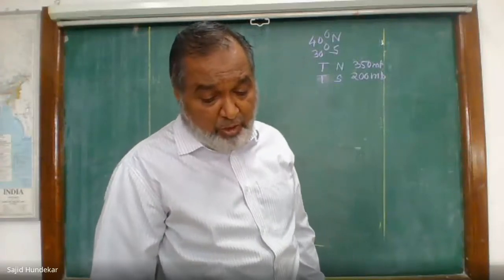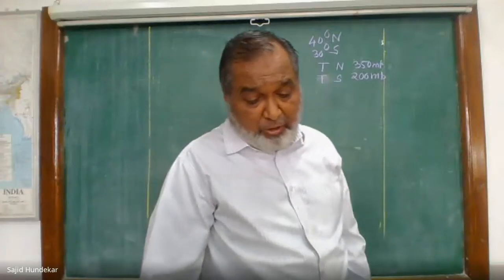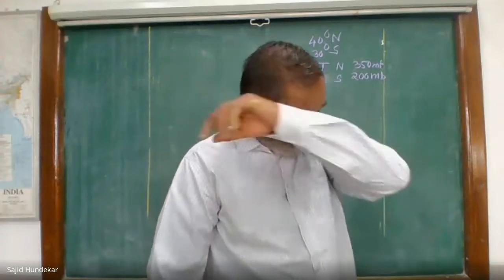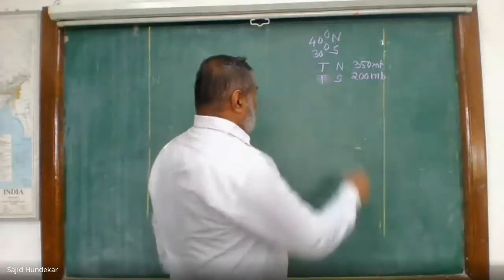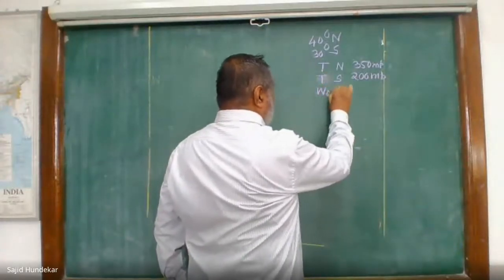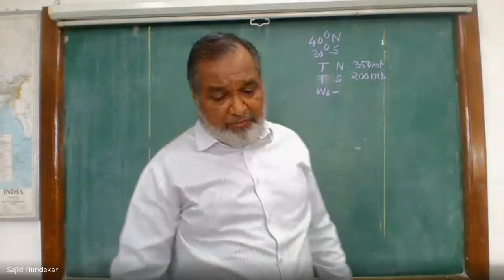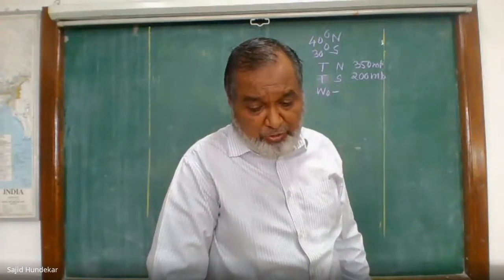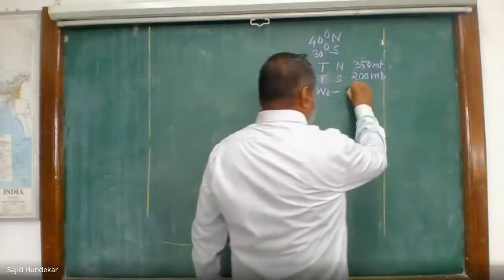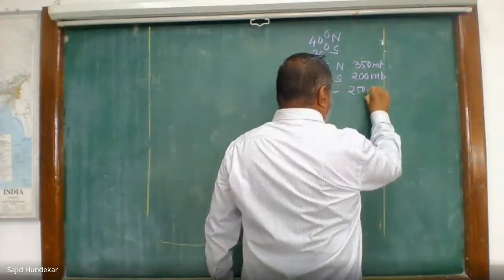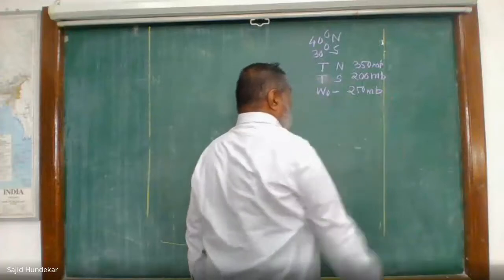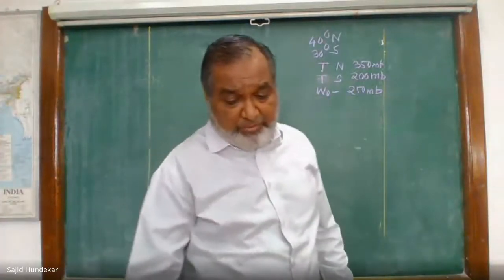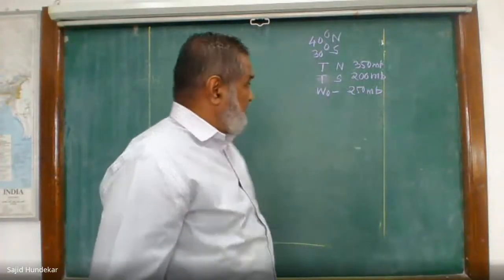If the width of outcrop on northern slope is 250 meters. Now you have to find out.